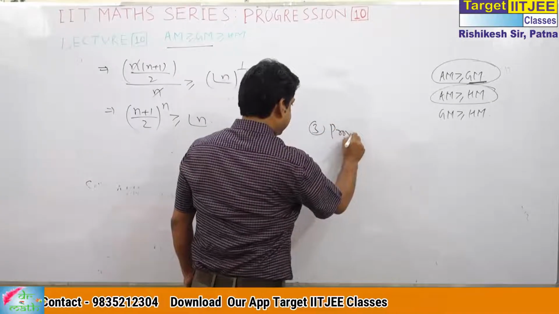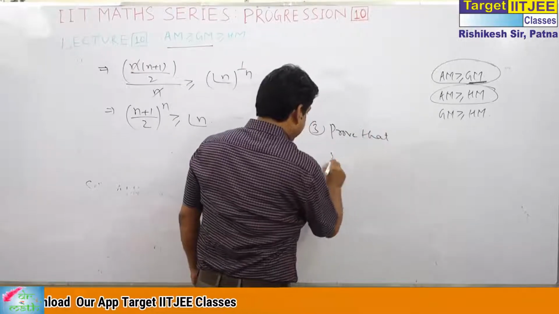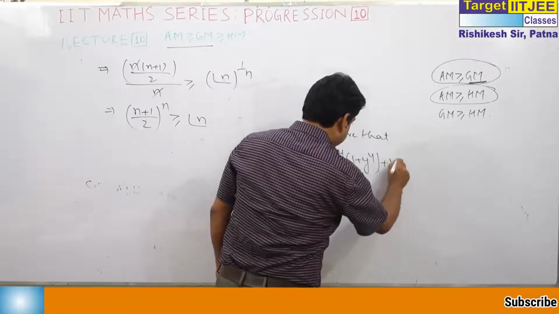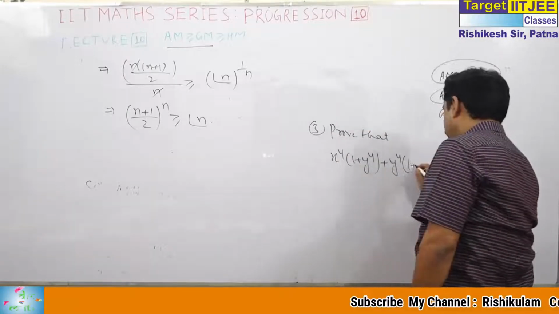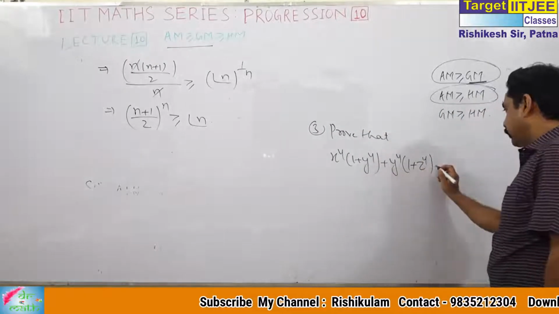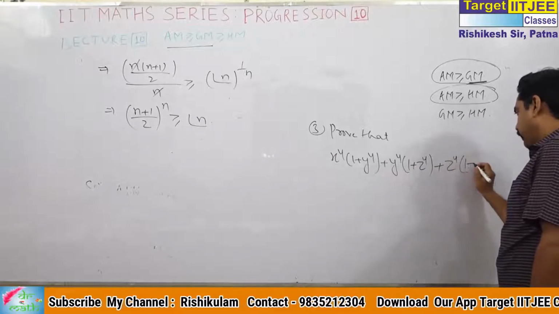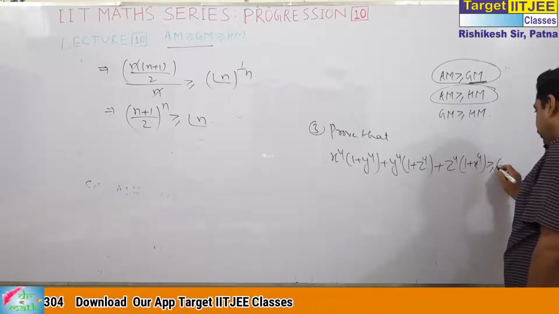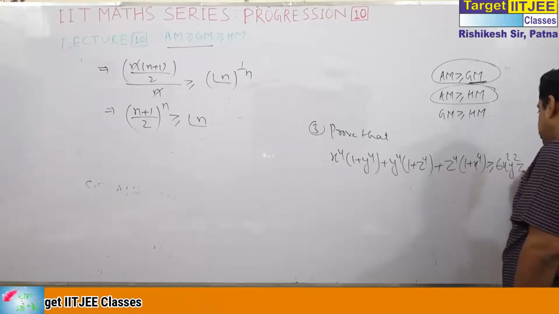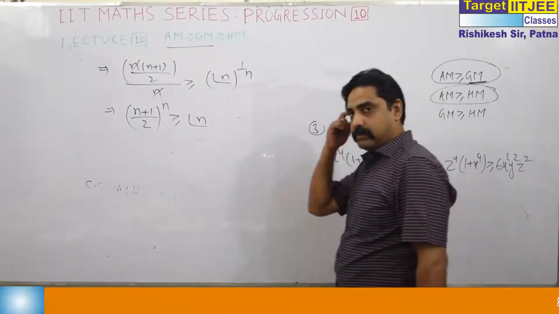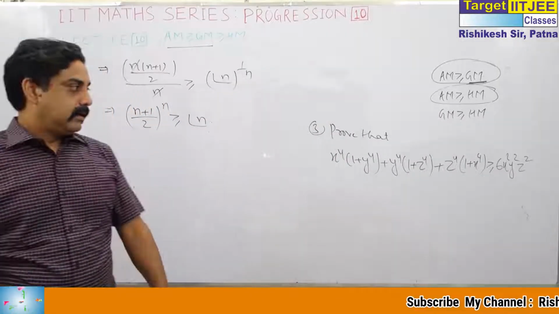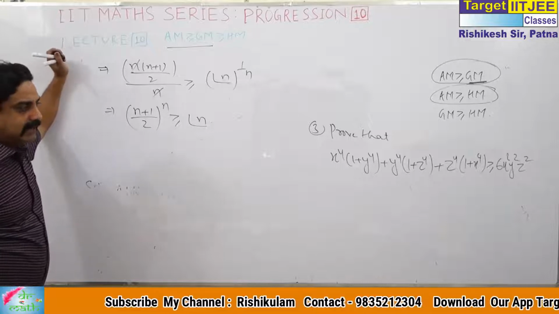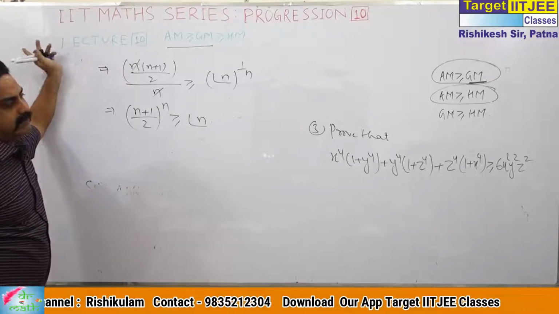Prove that x to the power 4 into (1 plus y to the power 4), y to the power 4 into (1 plus z to the power 4), z to the power 4 into (1 plus x to the power 4) is greater than or equal to, and so on. It is a very common question. I will write some questions from my copy at the end, but this is a very common question.